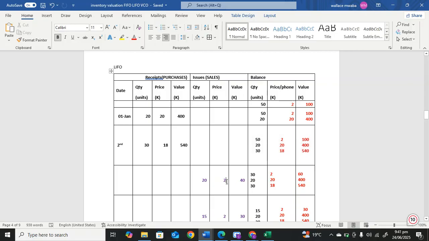So here on issues, under the price, you put 18 kwacha. 20 times 18, 360.